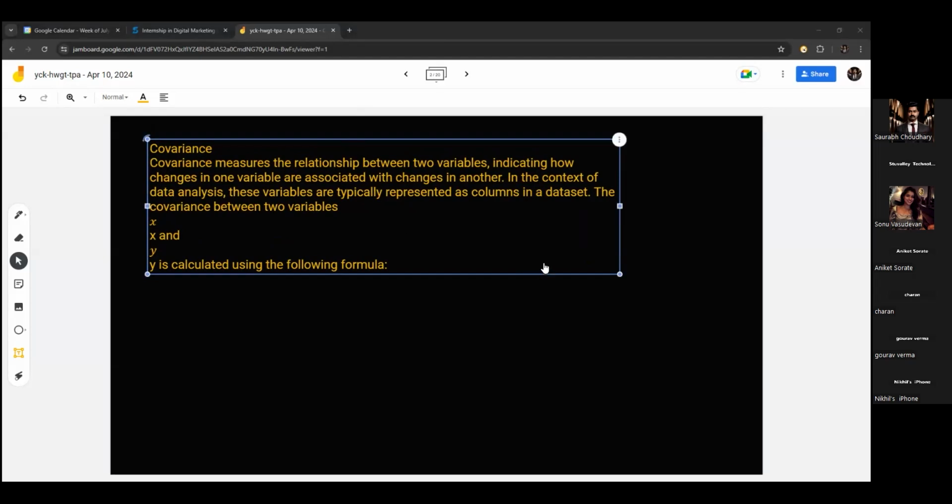How much the value of one variable varies with respect to the other variable? Yeah, that is fine.